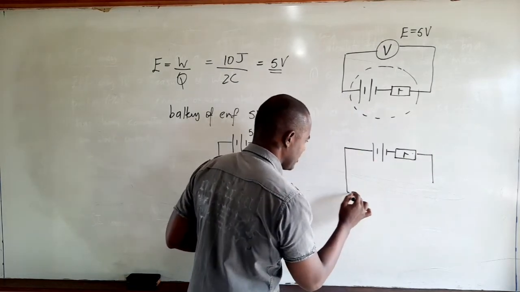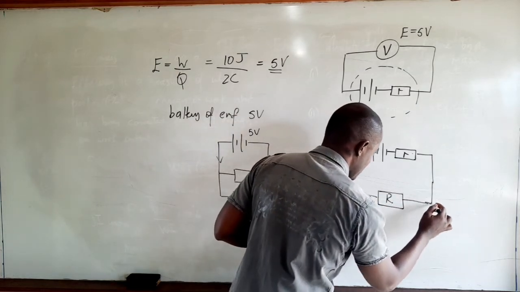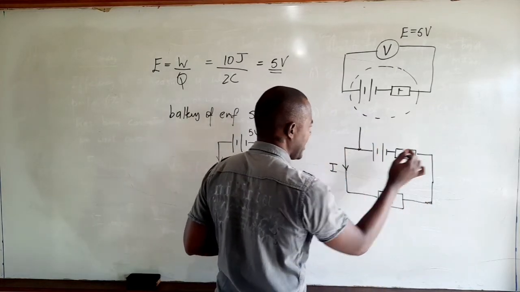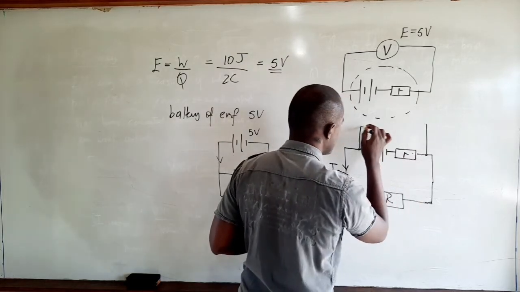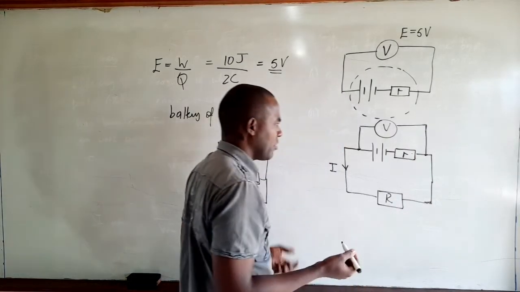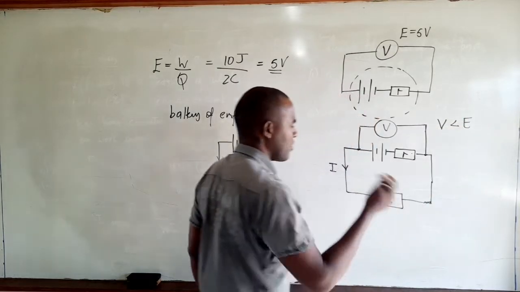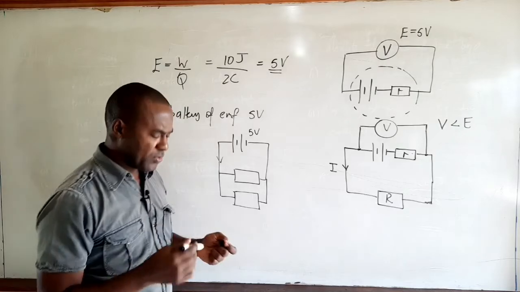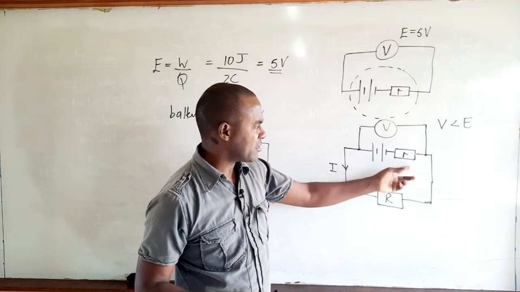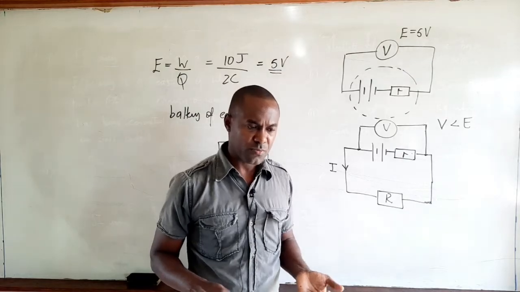So if we connect this to, say, a resistor of resistance R, so that the battery is now driving a current I, and we connect the same ideal voltmeter across the battery, the reading that we get, let's call it V, would be less than the true EMF of the battery, right? This is due to the fact that some energy will be dissipated within the battery due to its internal resistance, and that reduction in the battery's EMF is referred to as the lost volts, right?